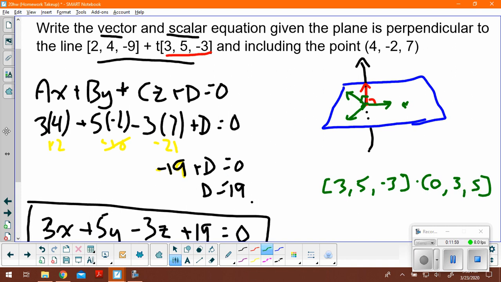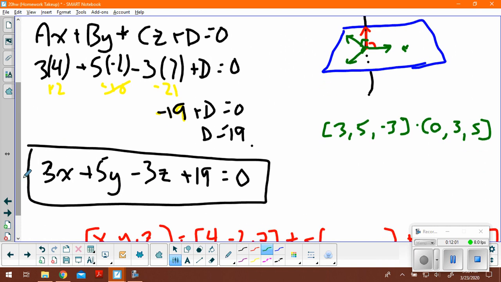If I do the dot product of those two things, I'd get 3 times 0, so 0, plus 15 minus 15, and that's equal to 0. So this should be a direction vector that works. That's one way we could do it.